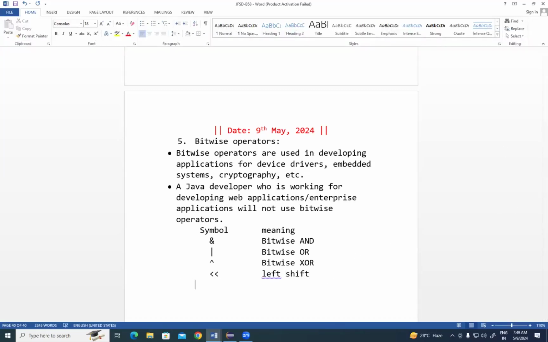And the last one I want to say, there are some other operators, but we don't require all of them. If you know them, that is better. Right shift. If you know these at least, it would be good.